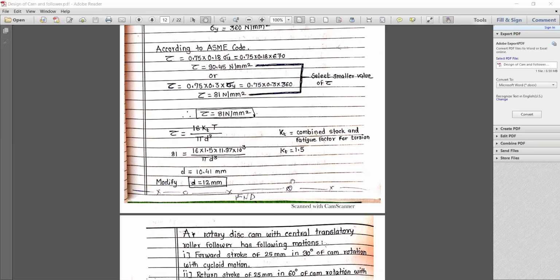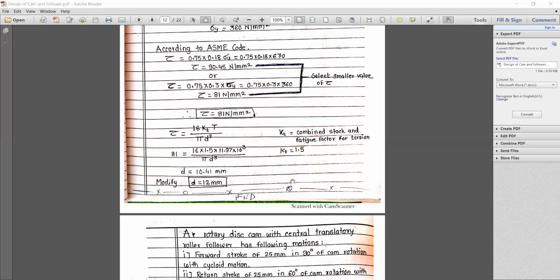So that is the equation. Now Kt is the combined shock and fatigue factor for torsion, which we have considered as 1.5. Putting all the values of torque, tau, and Kt, we get the diameter of the shaft as 10.41 mm. We can modify that value up to 12.